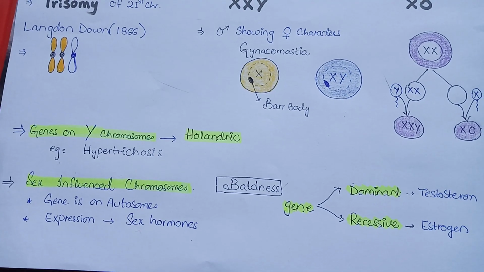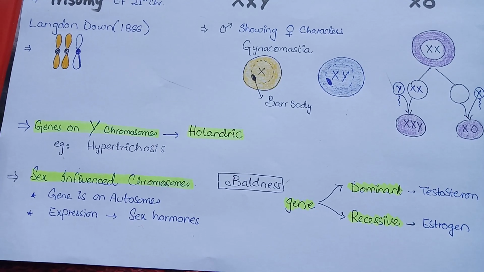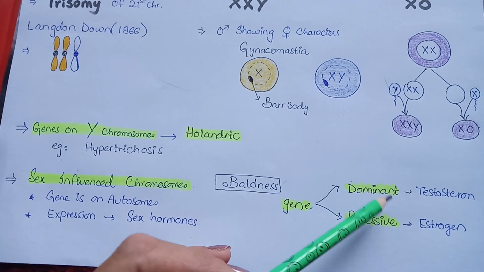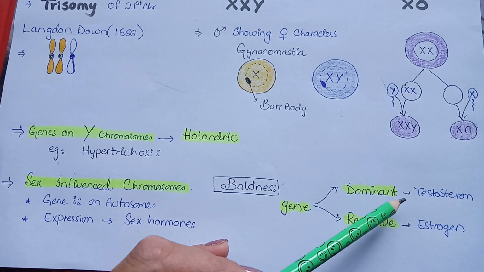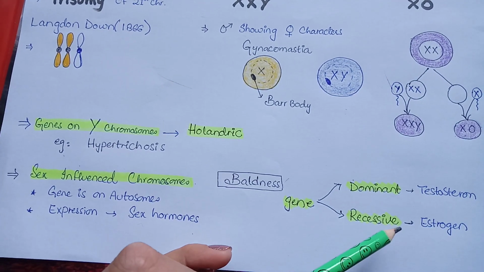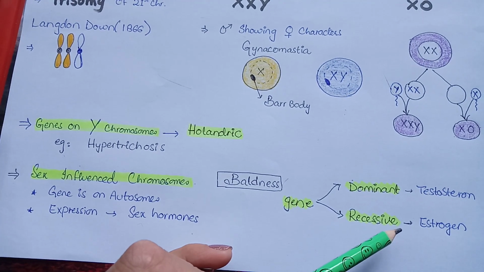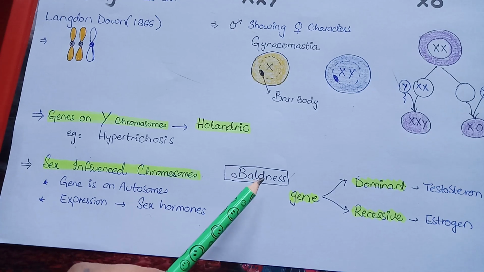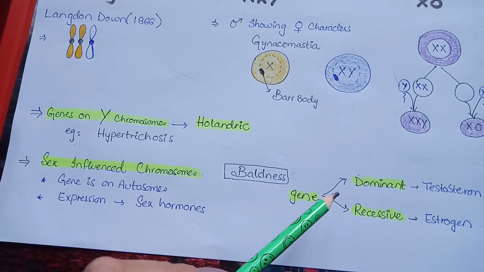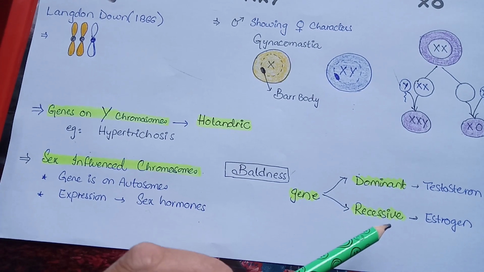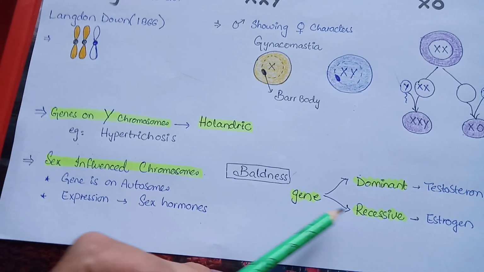So that means the gene is found in both males and females, but because in males the hormone produced is testosterone, the gene acts as a dominant gene, and that results in hair loss leading to baldness, right? So the same gene is present in females also, but the sex hormone is estrogen, in the presence of which the same gene acts as a recessive gene.